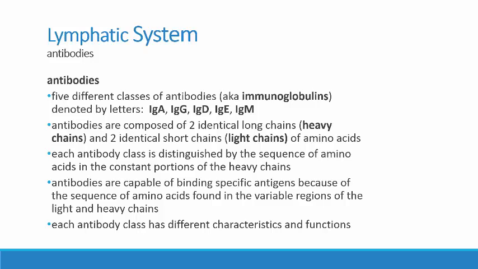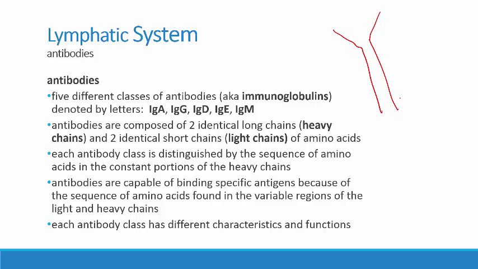So antibodies are composed of 2 chunks of amino acids. There are 2 long chains, and they are identical to each other. I've got an illustration of this in your notes package, and if you look in the book, page 633, you can see the same thing.